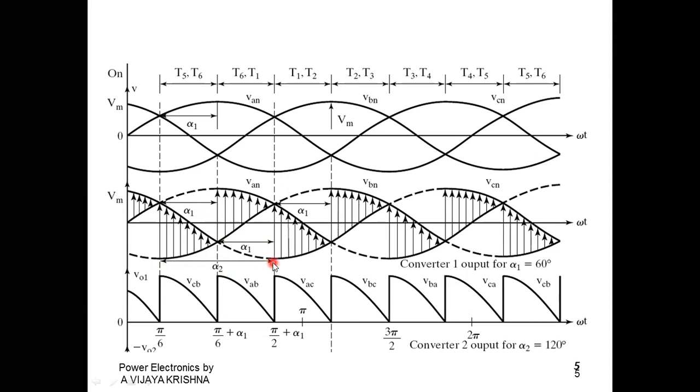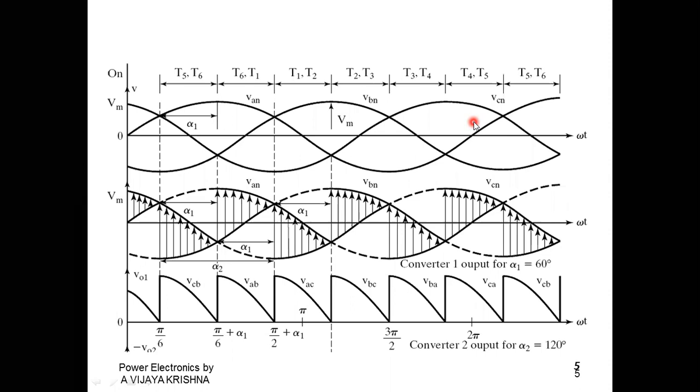That is nothing but the firing angles controlled in a manner that alpha 1 plus alpha 2, the firing angle of converter 1 and the firing angle of converter 2, combined give the 180 degrees value. With both converters in operation, the average output voltages are equal and have the same polarity.